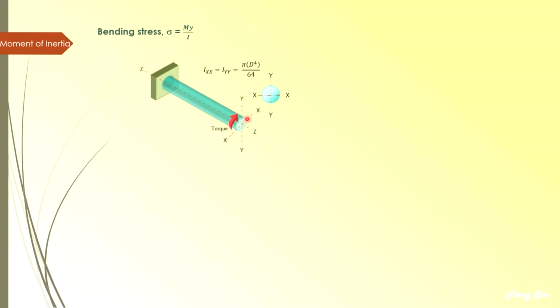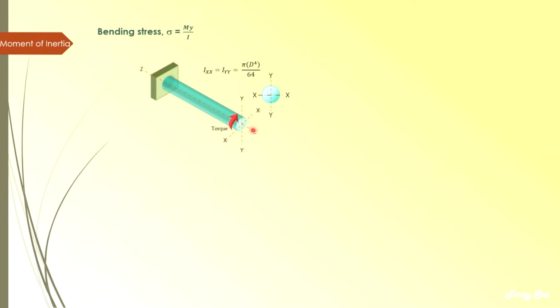So for a circular cross-section bar, that means a shaft, you can see, okay, this is the circular cross-section. This is your y-axis and x-axis. So this I here is different from the torsion. For torsion, we have the polar moment of inertia, which is J, and it is the second moment of area about the z-axis.